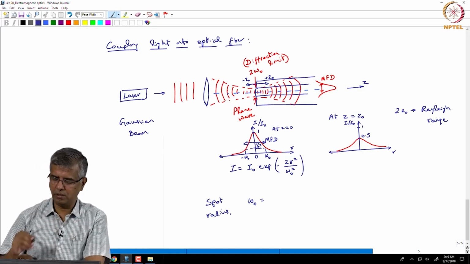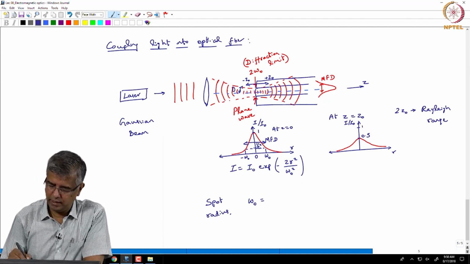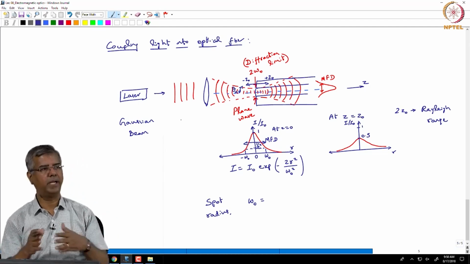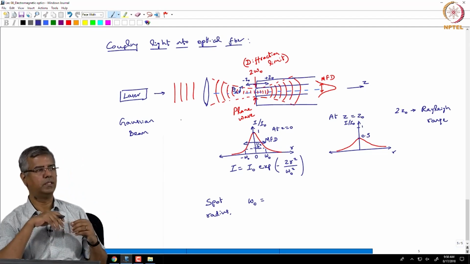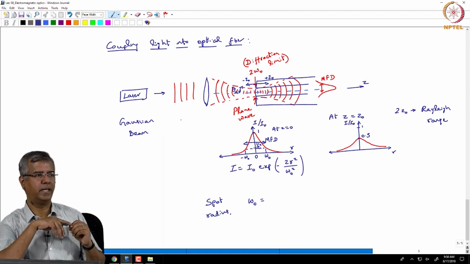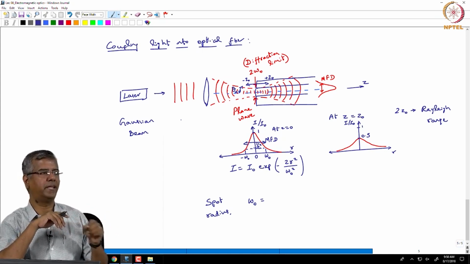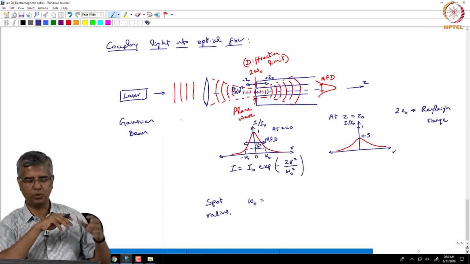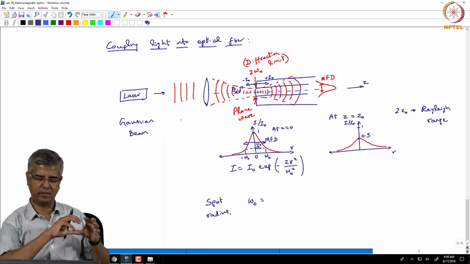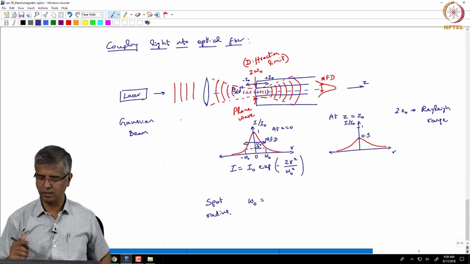Clearly it has a dependence on the angle at which I am trying to come to a focus, because if I have a shorter focal length lens, you can imagine that it is going to get focused to a tighter spot size, as opposed to a lens that has a fairly long focal length.